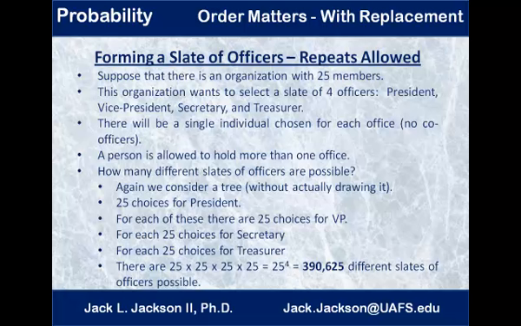So that's 25 times 25 times 25 times 25, or 25 to the 4th power. That turns out to be 390,625. Wow. That's how many different slates of officers are possible. It's amazing that it turns out to be that big, but that's what it does. Lots of different ways of doing this.